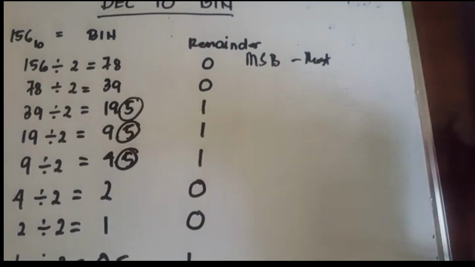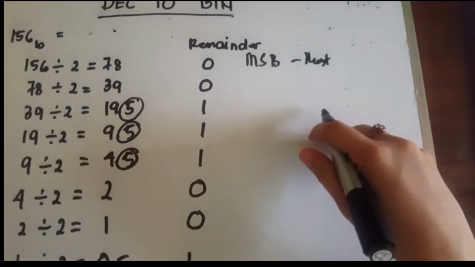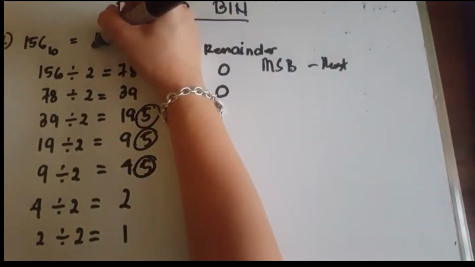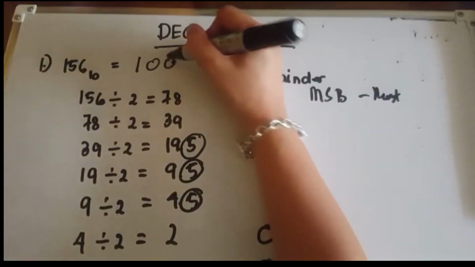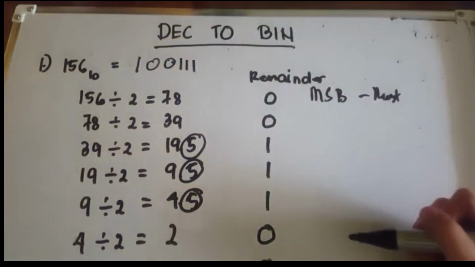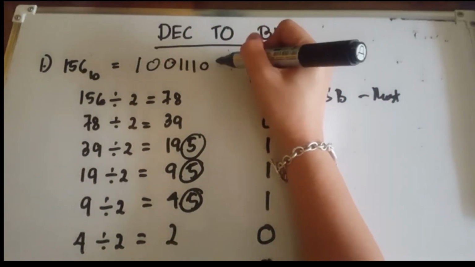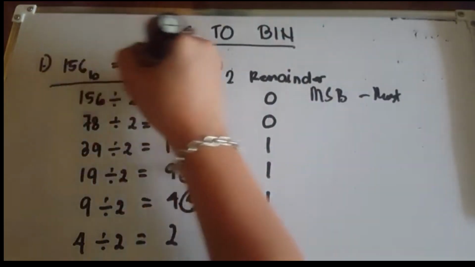So if we're going to write this as a binary value, this becomes 1 0 0 1 1 1 0 0 base 2. So this is the answer.